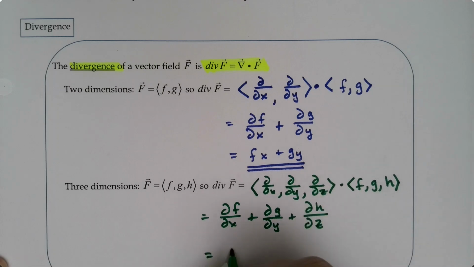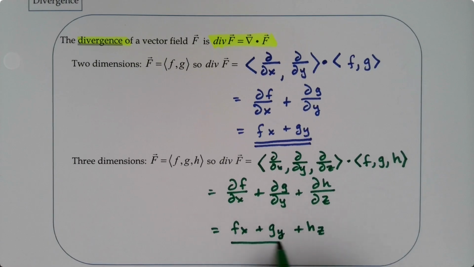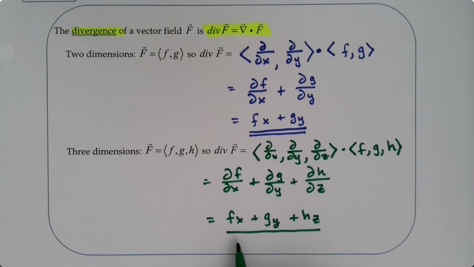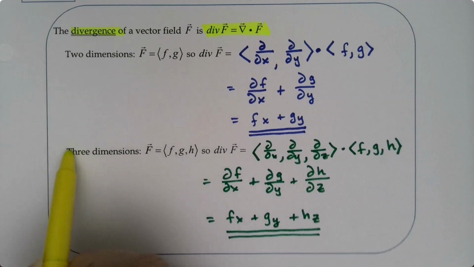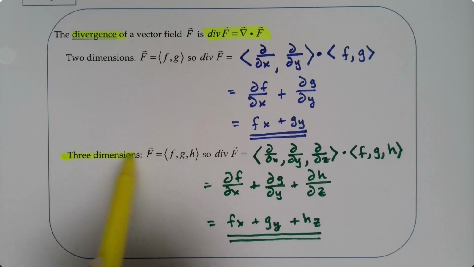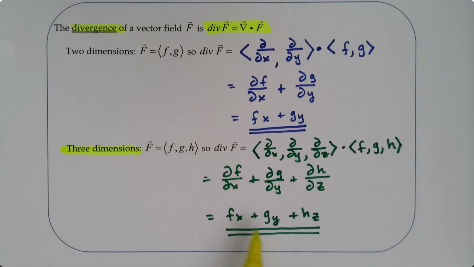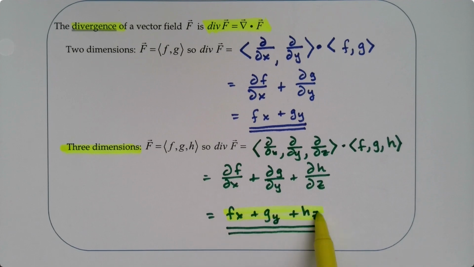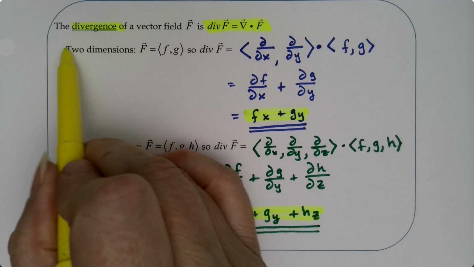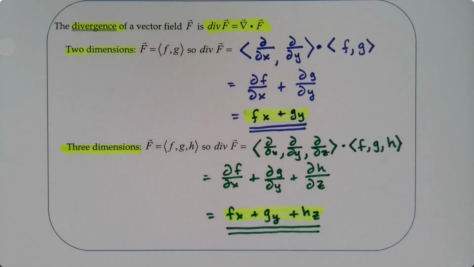Or in other words, it's fx plus gy plus hz. This is how we're going to deal with flux in 3 dimensions. This is key. 2 dimensions is pretty easy. We've already seen 2 dimensions, but this is how you can hack it for 3 dimensions. Although the 2 dimensions is useful and it does recreate what we already knew.